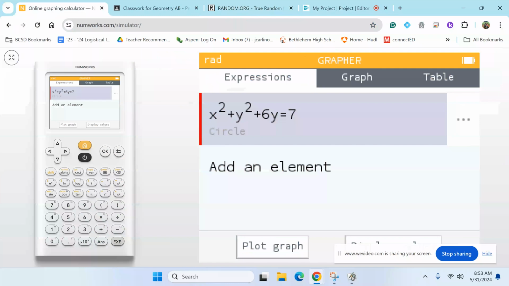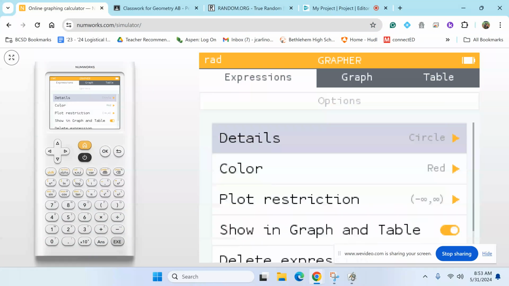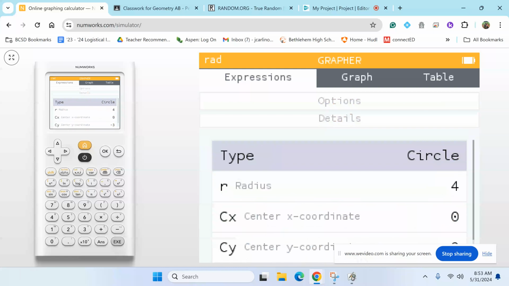Thanks for the info. Remember where you went for y-intercept and slope? That's the same place you're going now. Highlight it, go over the 3 dots, and where'd we go here? Details.